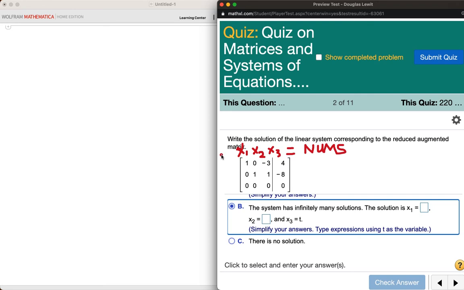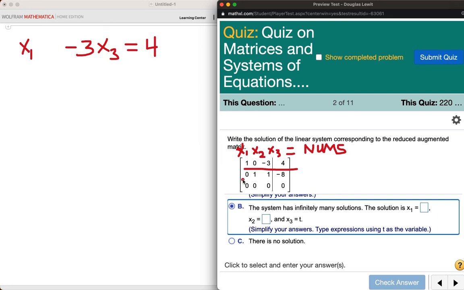Look at the first equation. I see x1, there's no x2 because I see the 0 there, minus 3x3 is equal to 4.